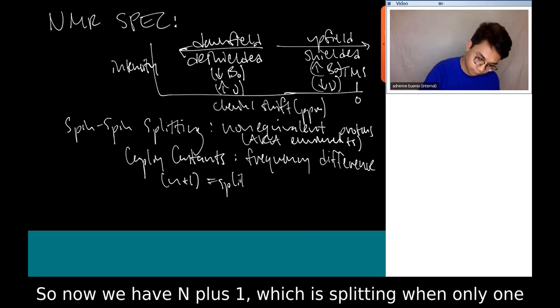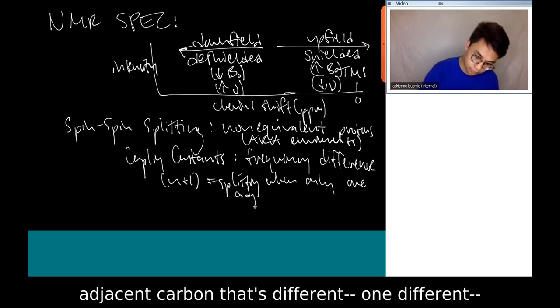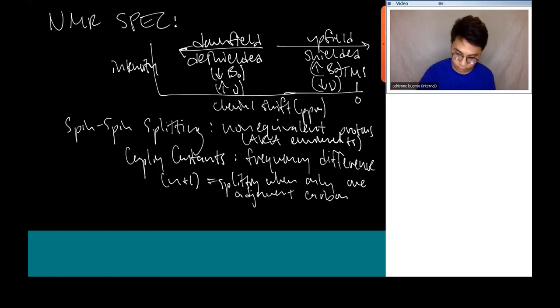when only one adjacent carbon environment is different. One different.